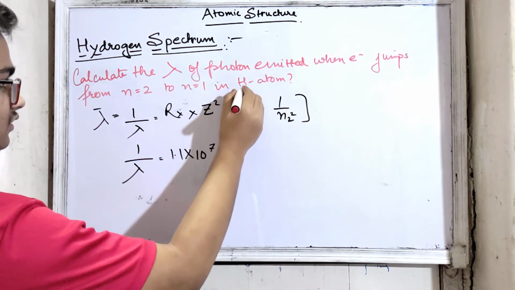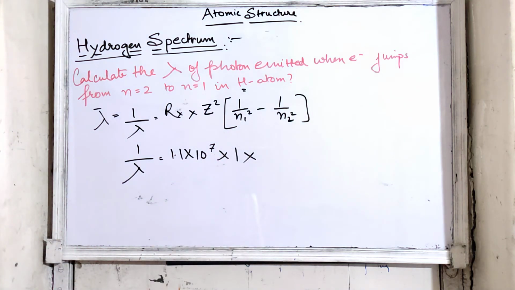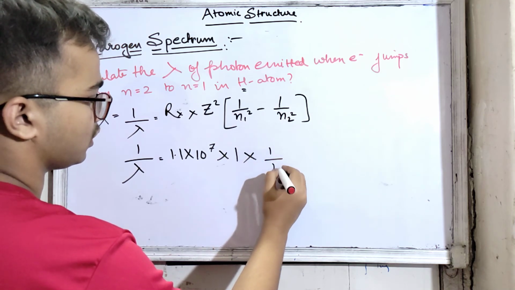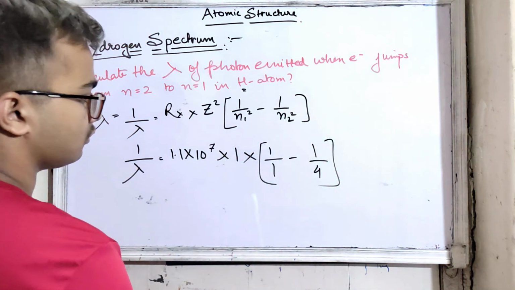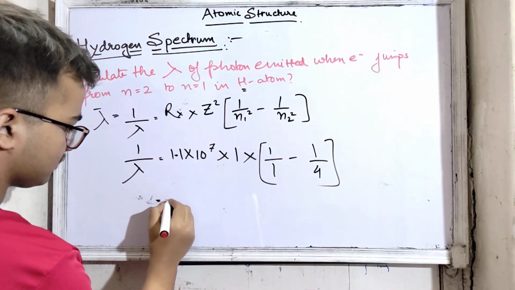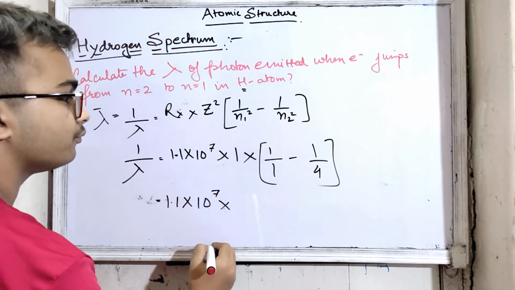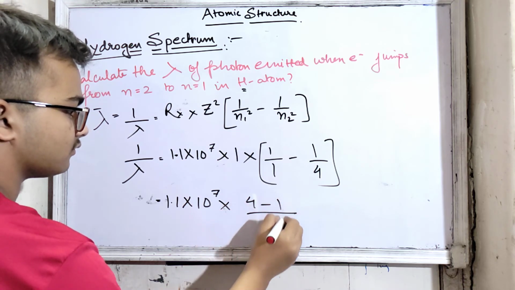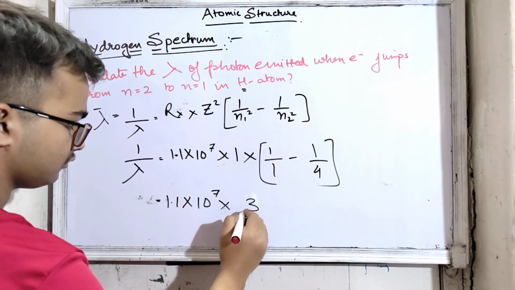Z equal to 1, since this is hydrogen. And see, here n1 will be 1 and n2 will be 2. So 1 by 1 minus 1 by 4. Okay, so what is coming? 1.1 into 10 to the power 7 into, so if you solve this, it comes 4 minus 1 by 4, which is equal to 3 by 4. So 3 by 4.